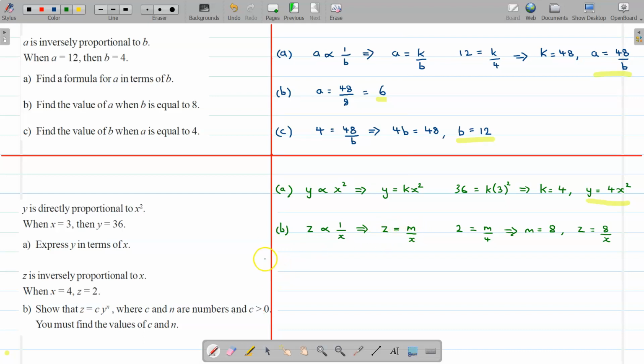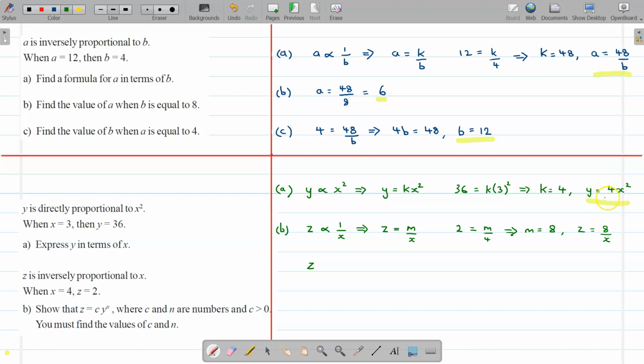So what we're going to do is say that from this, z can be written in terms of y. Okay, now if you just think about this for a moment, you can see that z equals 8 over x, and we know that x can be written in terms of y from here.